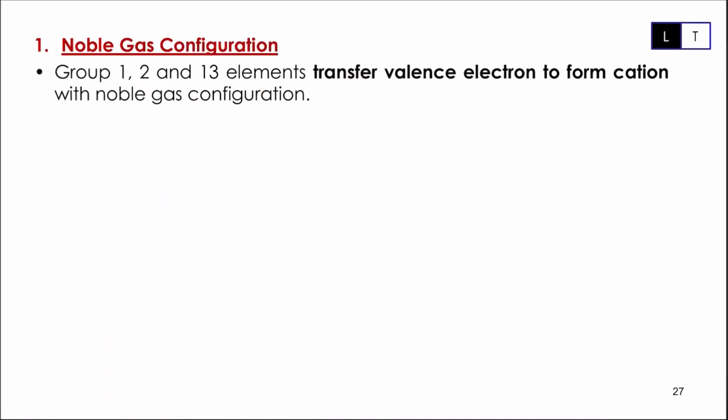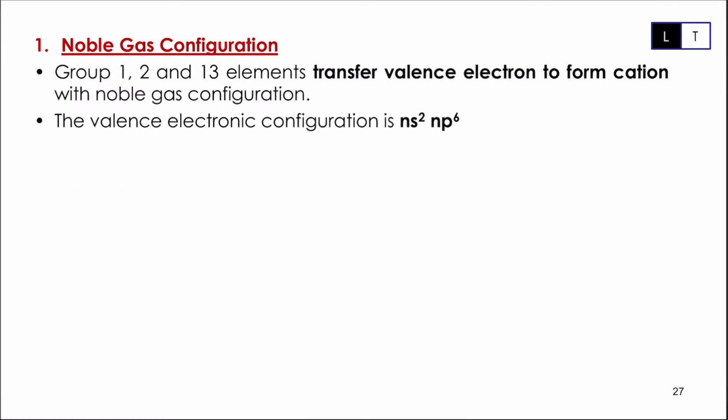Noble gas configuration only applies to group 1, group 2, and group 13 elements, where those elements transfer their valence electrons to form cations with noble gas configuration. Usually, we make the valence electronic configuration achieve an octet configuration.